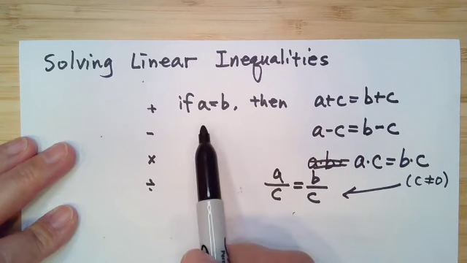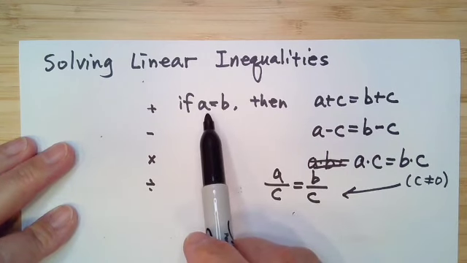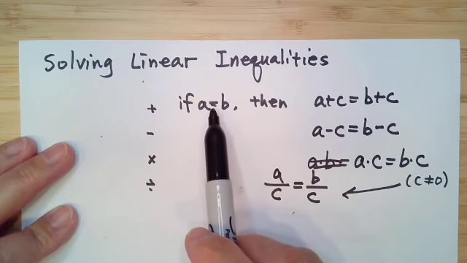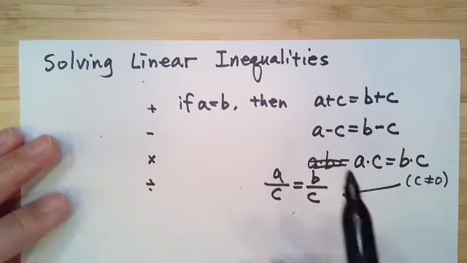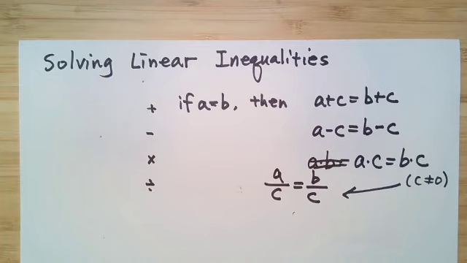If you have A either greater than, or greater than or equal to, less than or equal to B, then on both sides of this inequality, you can add or subtract the same amount. Let me write it. I'm going to write the first two properties.